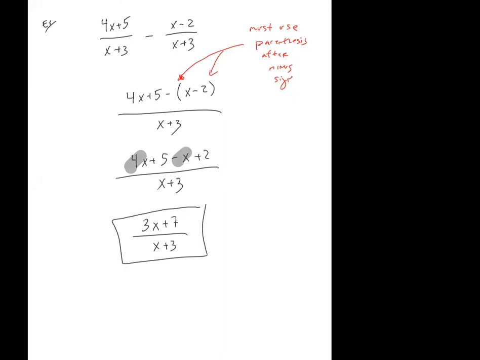That answer right there is in lowest terms. But really, the whole purpose of this example is to show that that minus sign plays a big role there, okay? Any questions with this example? Does anyone need another minute copying this down?